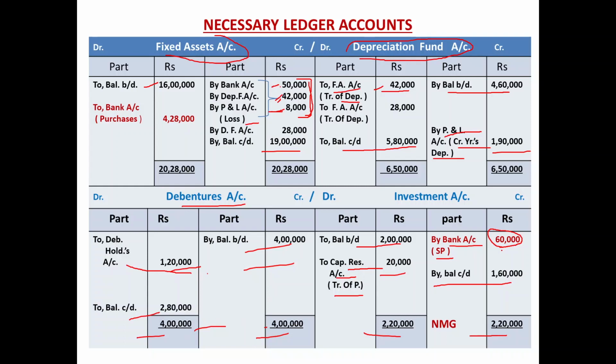इनकी cost price क्या होगी? Cost price होगी 40,000 और selling price है 60,000. तभी तो जाके 20,000 का प्रॉफिट इन्वेस्टमेंट अकाउंट में डेबिट करके कैपिटल रिजर्व अकाउंट में क्रेडिट किया गया है. So selling price 60,000 and the cost price would be 40,000 and that is why profit is 20,000. Cash flow impact.